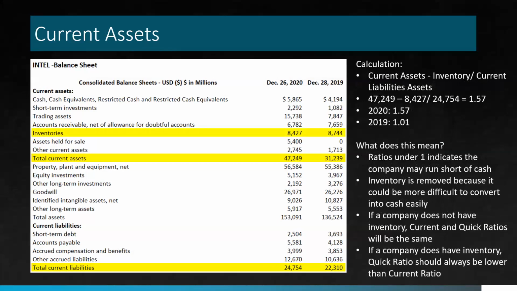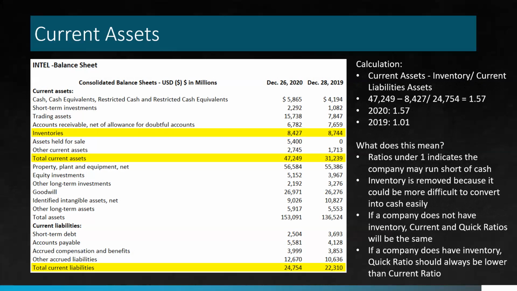So the next calculation is the quick ratio, or the acid test. This is where you take your current assets and you minus out your inventory and then divide it by your current liabilities. The reason that you're taking out your inventory is because there are times when inventories are much harder to move.